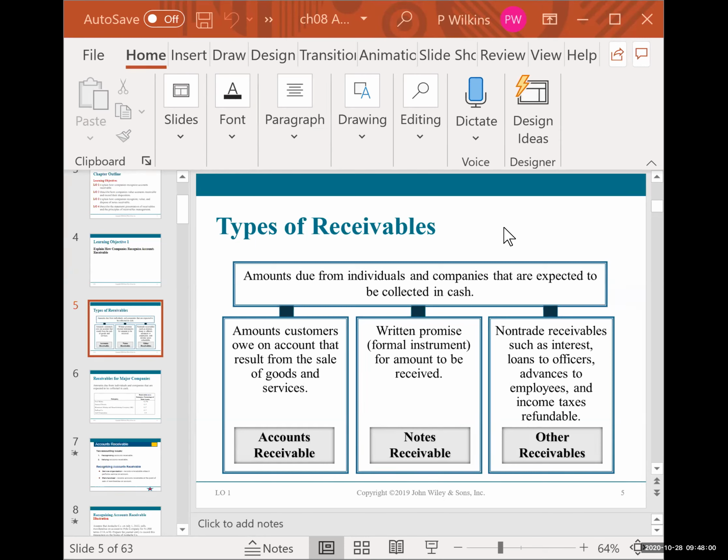Now, a note is something that's very different. A note is unique to each purchase. So every time a purchase is made on a note, it's a process of negotiation and a process of signing a new note. So a note is often for big ticket items, and a note is often for things that are one-time purchase kind of things.